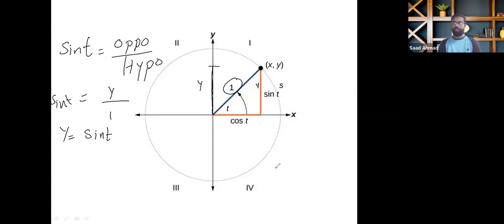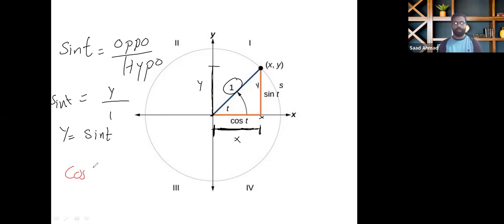Similarly, here this length is x, because it's x units from the center. Now, what does the cos ratio tell us?